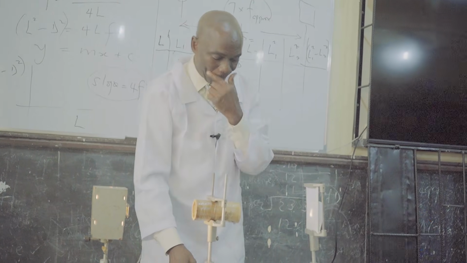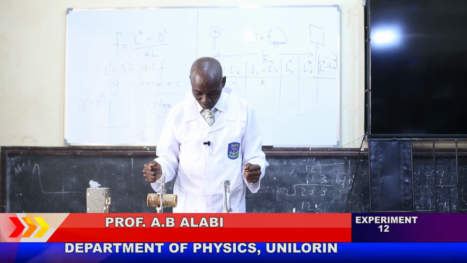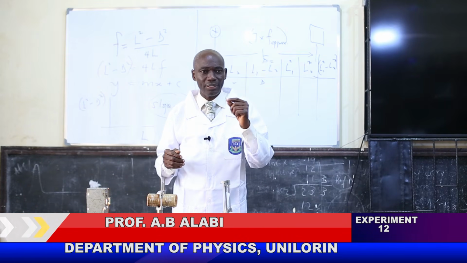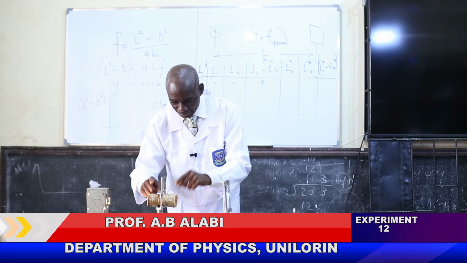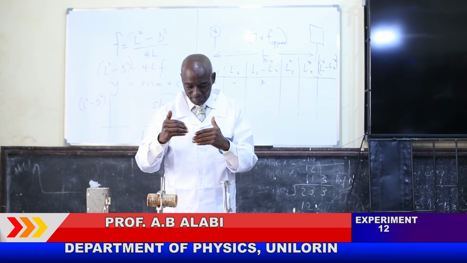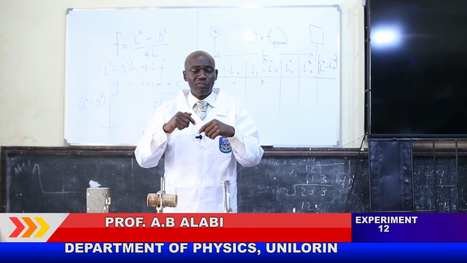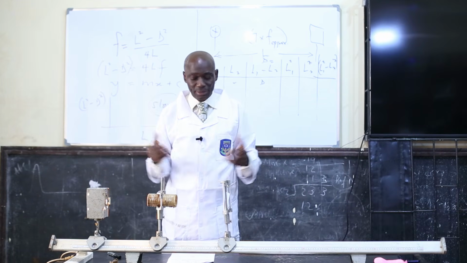There are other questions there we are expected to answer. Now the third one, determination of the focal length, is the virtual image method. Now we know that when the object is placed between the convex lens and the focal point, you are going to have a virtual image.